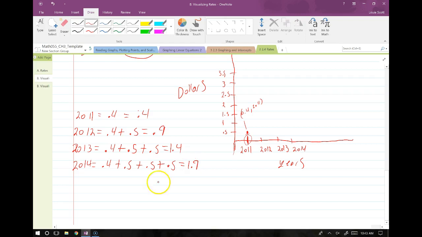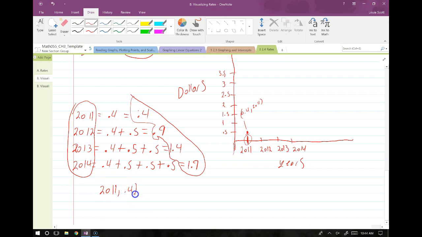We may not have noticed it, but we've created a bunch of ordered pairs here that we can graph. Since these are all values along my x-axis, these are their corresponding values along the y-axis. So my ordered pairs are 2011, comma, 0.4. We already graphed that one. 2012, comma, 0.9. We haven't graphed that one yet.